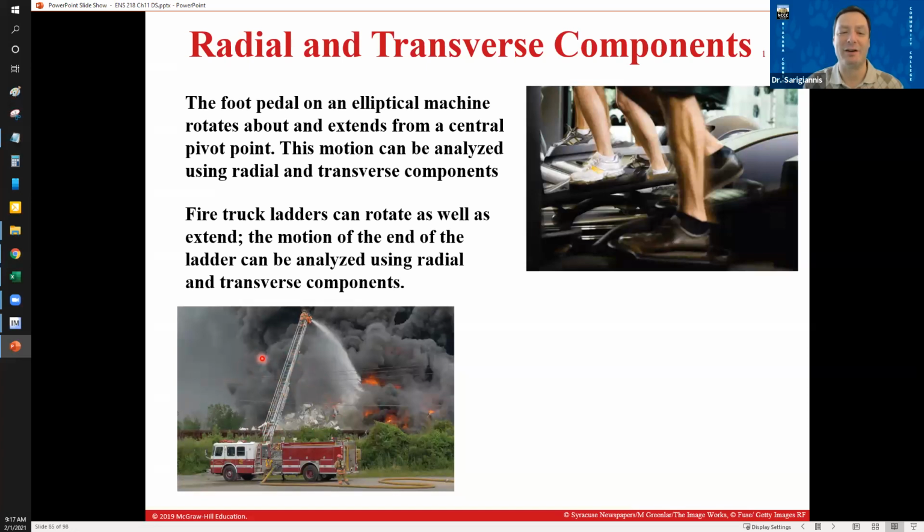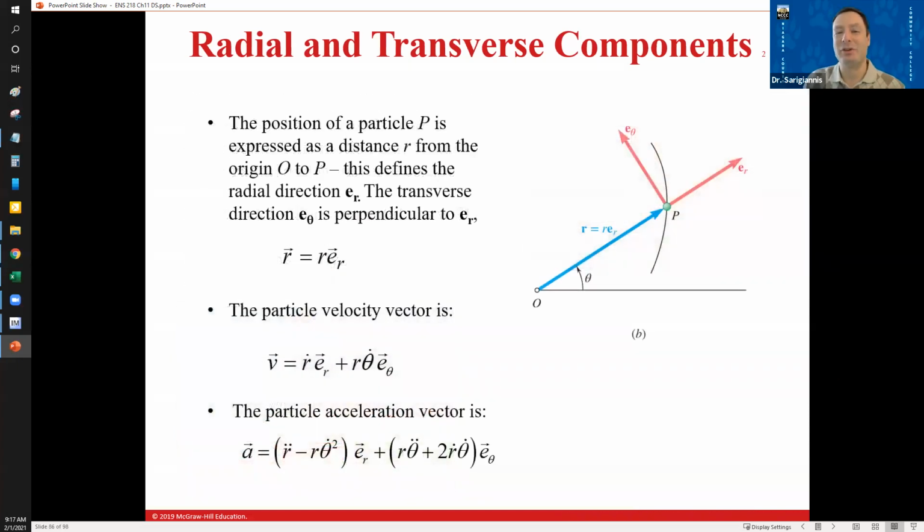They can go up and down in a theta direction, and then go in and out, right? So we can use these radial and transverse components to analyze systems, and sometimes it's more convenient to choose the analysis method using these radial and transverse components than it is to use X, Y, Z, right? Because a lot of times you'll have just two-dimensional motion that just depends on this theta and r.